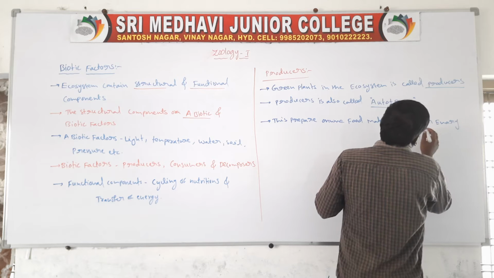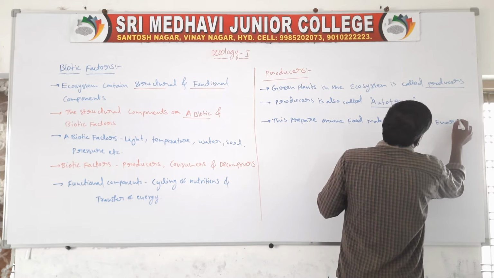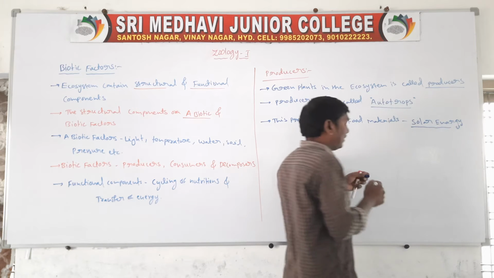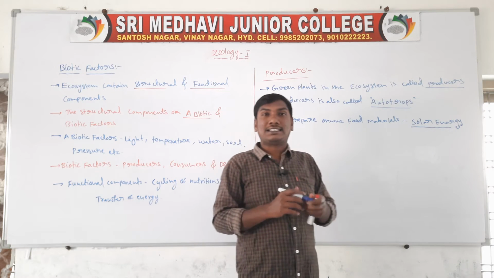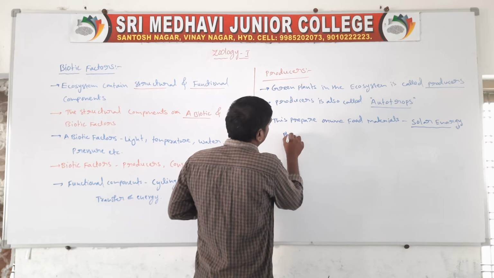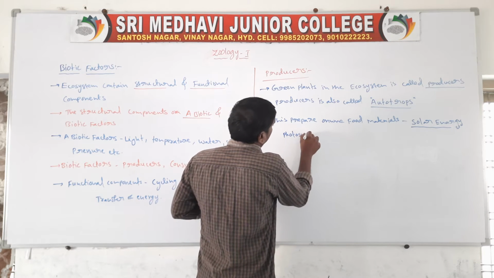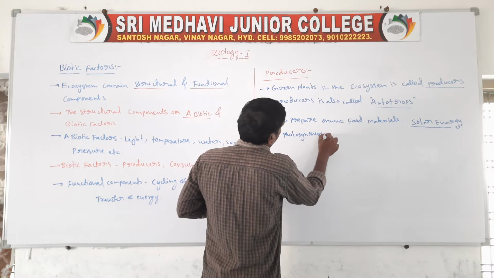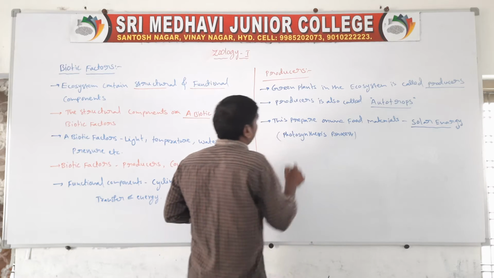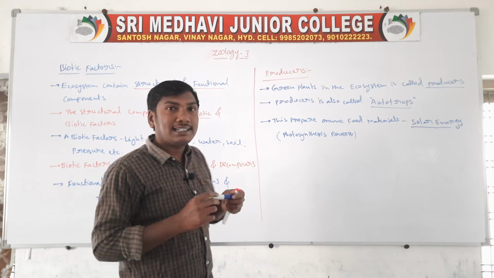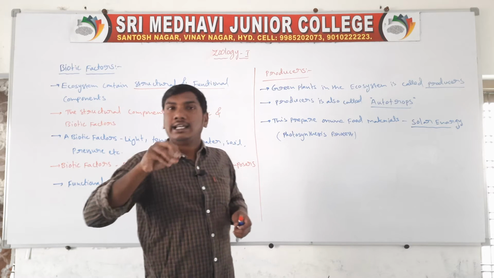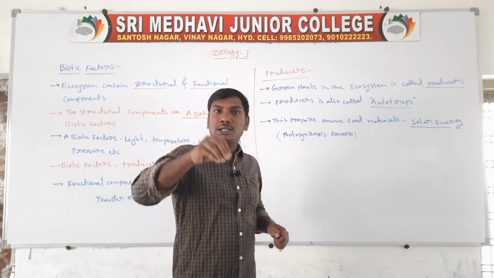Through the photosynthesis process, green plants in the ecosystem are called producers.